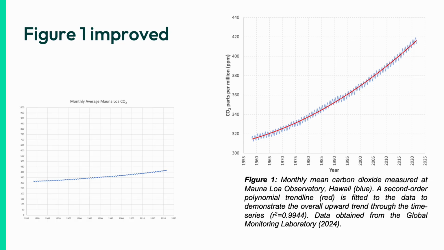So let's talk through some of these aspects of this improved figure. When it comes to chart titles, in scientific reports we tend not to give figures or diagrams titles. Instead we use figure captions to convey and describe what the figure is and what it is showing. So figure captions are typically not included in the word count of a scientific report.